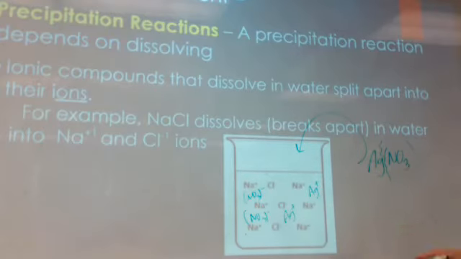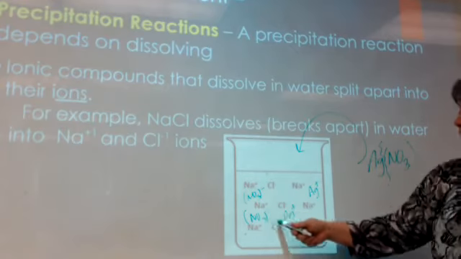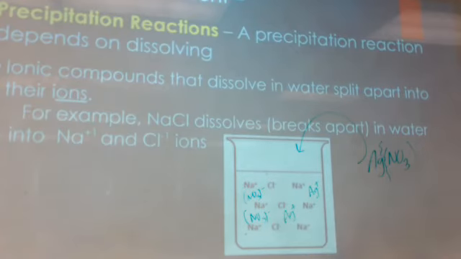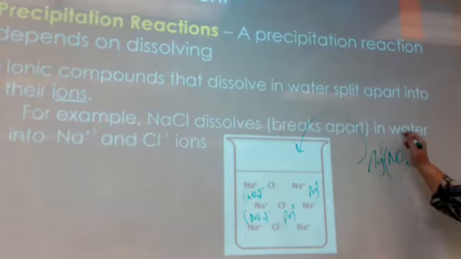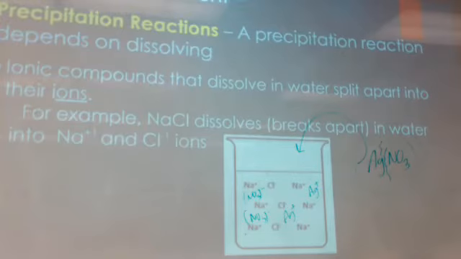This is what allows reactions to happen, because once they are broken apart, they can socialize or mix up with other free ions to form new compounds. Okay, so anything that is aqueous will dissolve.